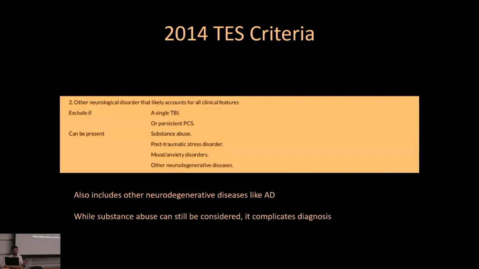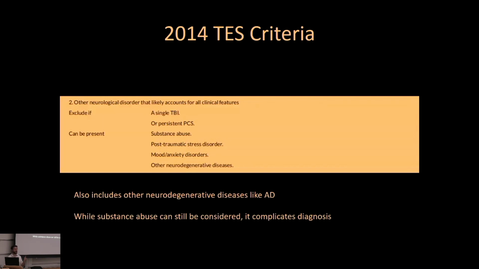The second is you can't have anything else account for your symptoms. So it's going to be essentially a disease by exclusion. Can anything else account for the symptoms, such as a single TBI? Persistent post-concussive syndrome, which is different from CTE symptoms. Other diseases, like Alzheimer's, can't account for the symptoms.